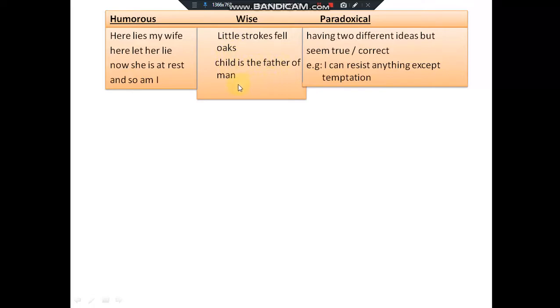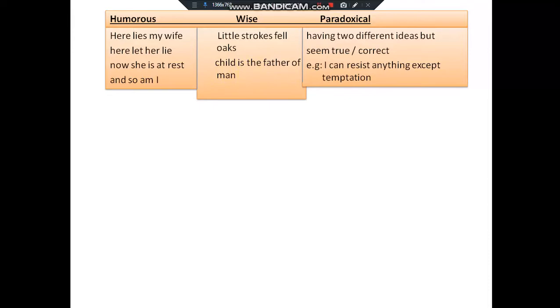Child is the father of man. Both have antithetical and different sentences, different points of view. Look here, can a child be the father of a big man? Though it seems so, as far as the sentence structure is concerned, it seems quite odd to accept, but in reality we know that it seems a truth.